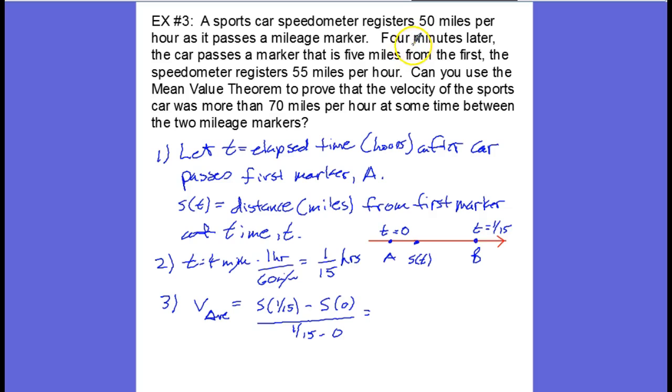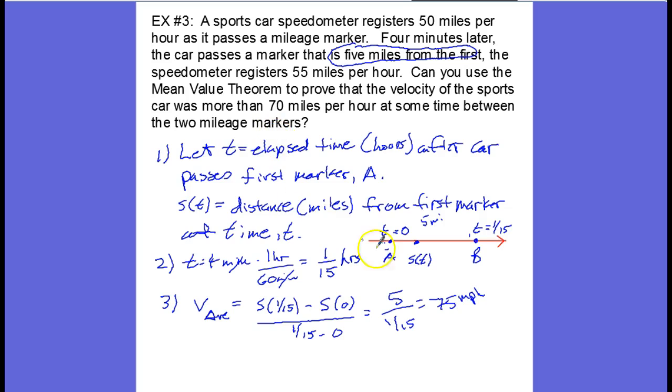We're told that the car traversed 5 miles. So the total distance between these mile markers is 5 miles. So we have 5 on top, and on the bottom we have 1/15. And if we divide 5 by 1 over 15, we get 75 miles per hour as an average speed.